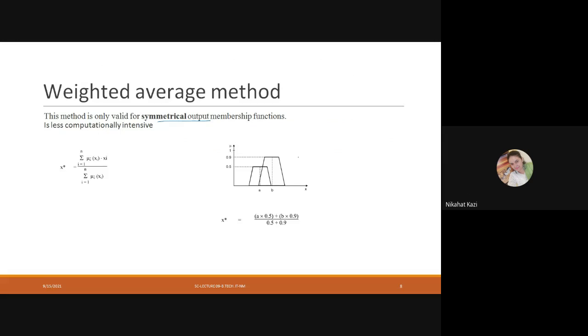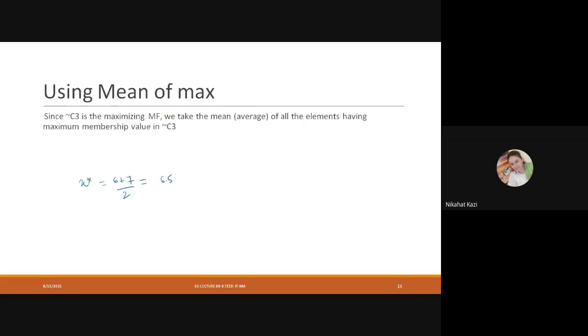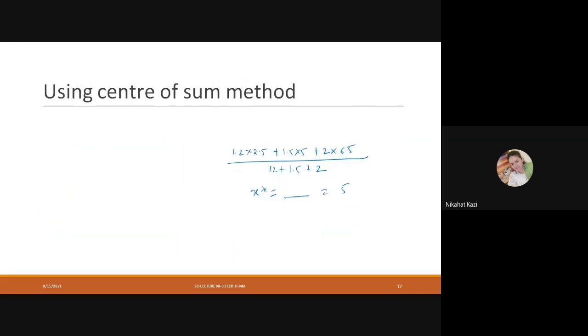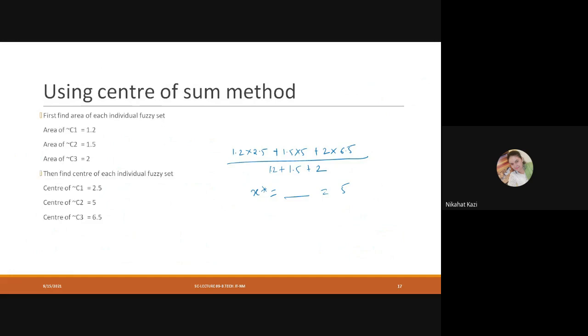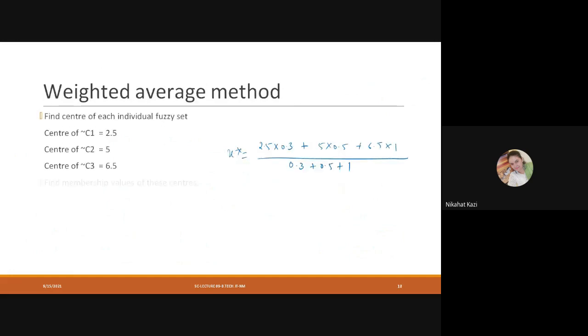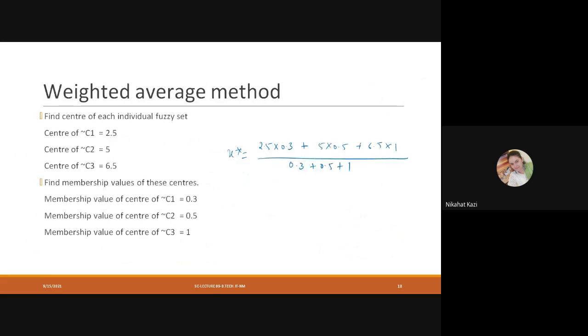Right? Centers multiplied by the membership of the centers, sum of that divided by the sum of the membership values. That is the weighted average. And what are you getting by weighted average? You should get 5.146. This is the defuzzified value that you get.